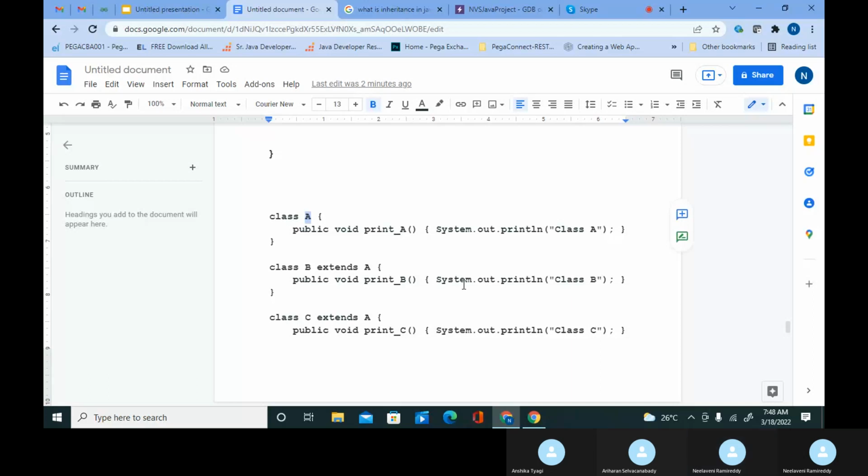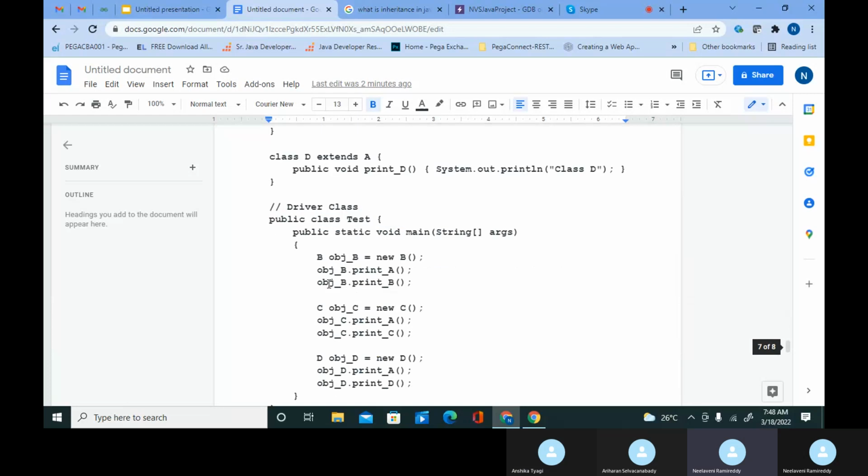You can reuse this method anywhere simply by using the keyword extends. And for the same method calling, you know how we call a method: object dot print A, object dot print B. So print A calls which method? The parent method. Print B is the child method.